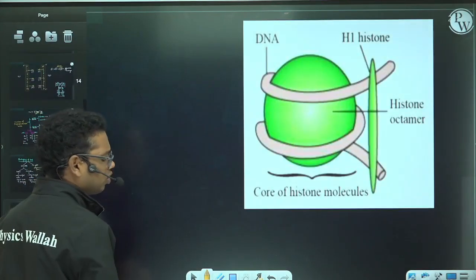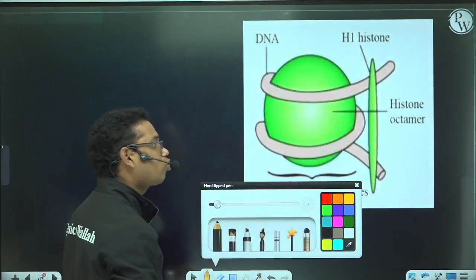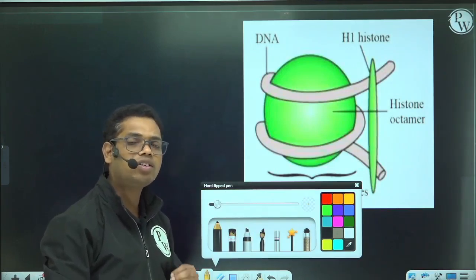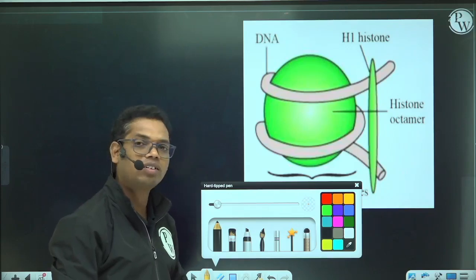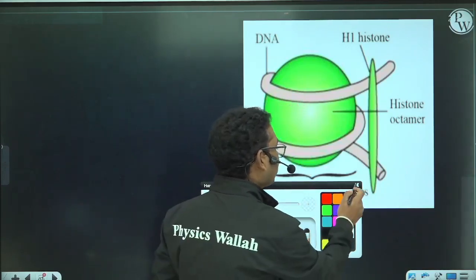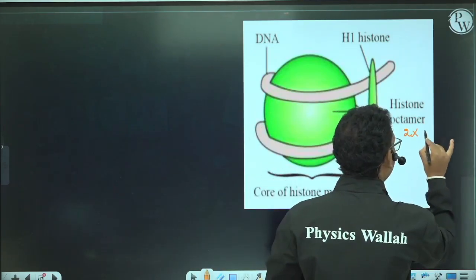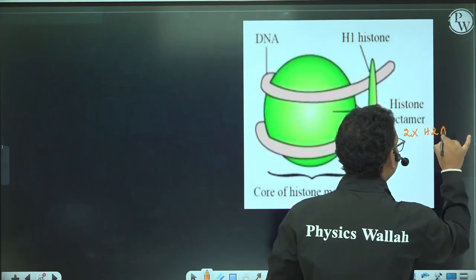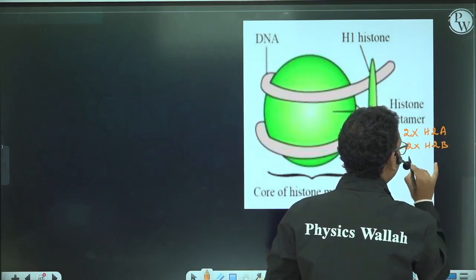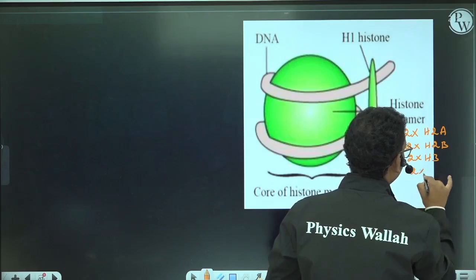Now, how do these histone proteins help in the packaging of the DNA? This green structure is the histone octamer. Octamer means that it consists of 8 units, and those 8 units are nothing but the core histone molecules. This core octamer consists of two copies of H2A, 2 copies of H2B, 2 copies of H3, and 2 copies of H4.